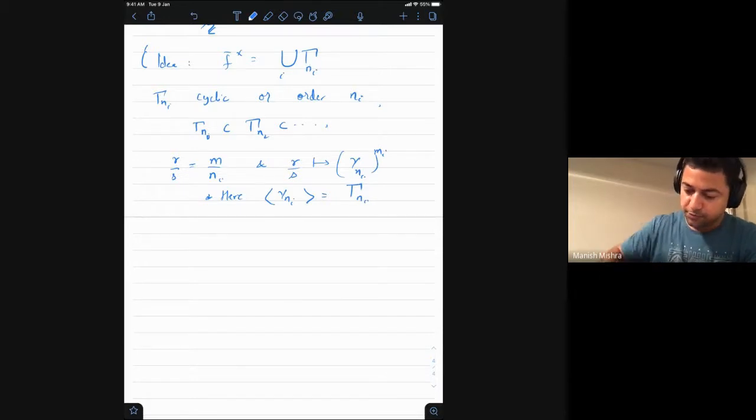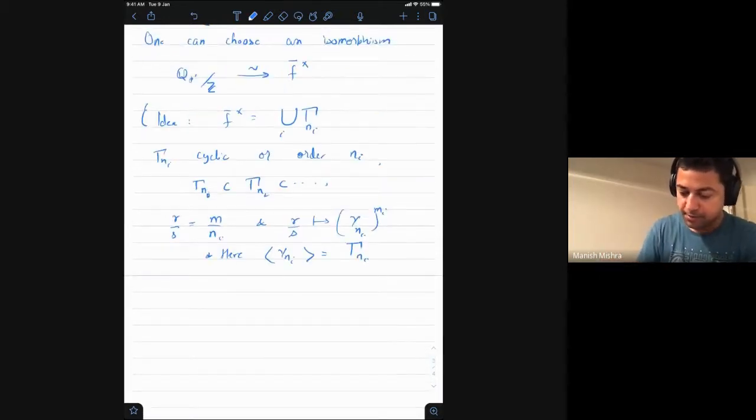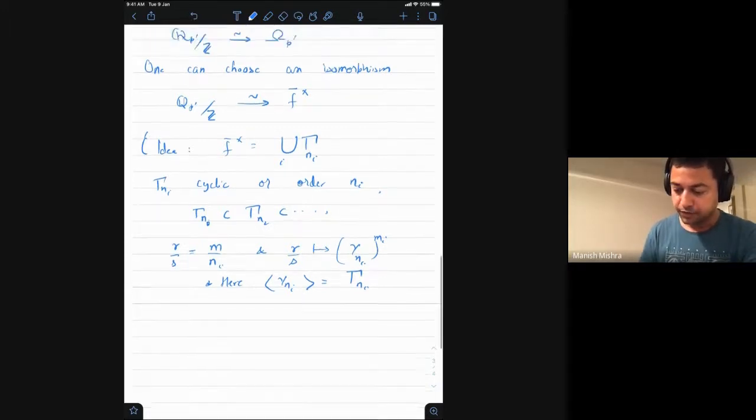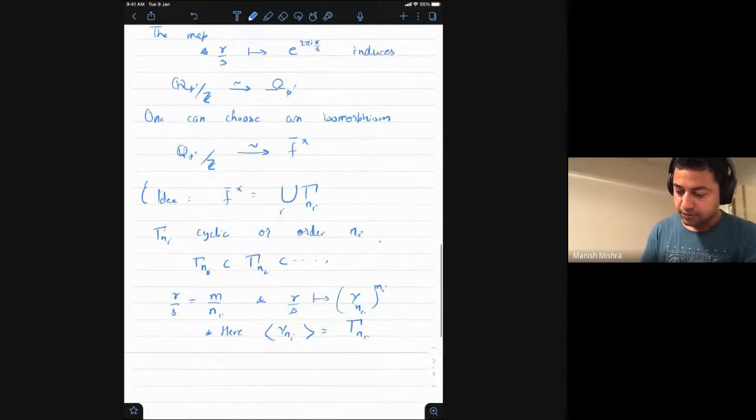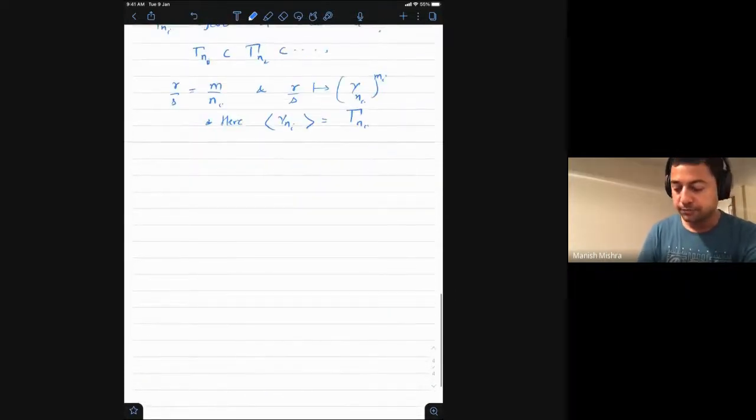So from elements of Q_p' / Z, you are able to map to the cyclic group, and therefore inside the multiplicative group of the algebraic closure of this field, and therefore you are able to identify Q_p'/Z with F star. In this way, you get an isomorphism.